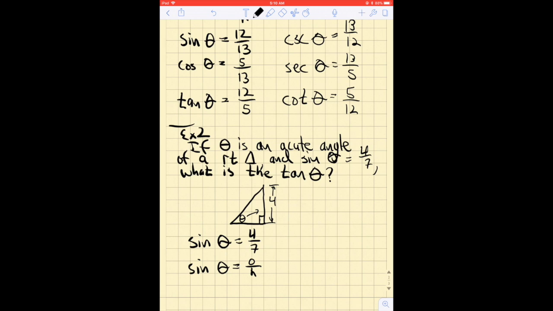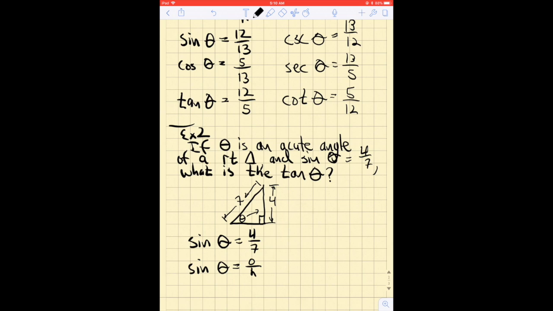And then the hypotenuse is the side opposite the right angle. The right angle is given by the little square in the triangle. Opposite that is this distance here. So this distance now is given as what? 7, right?